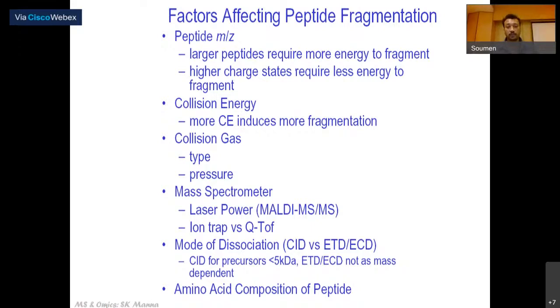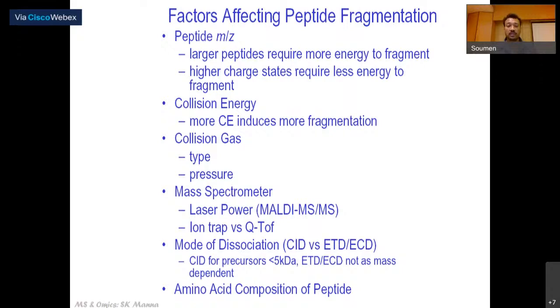And if it is a lower charge state, then it will be the other way around. That is the reason that in MALDI, it is difficult to fragment peptides because they are mostly singly charged. On the other hand, in ESI, you get multiply charged species, therefore it is easy to fragment, and you get a much richer fragmentation spectra compared to what you get in MALDI.